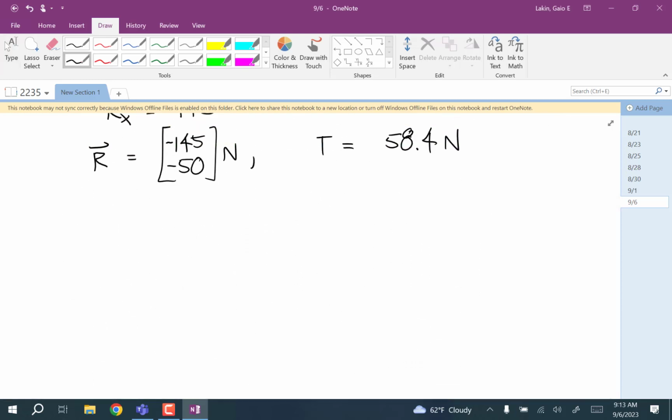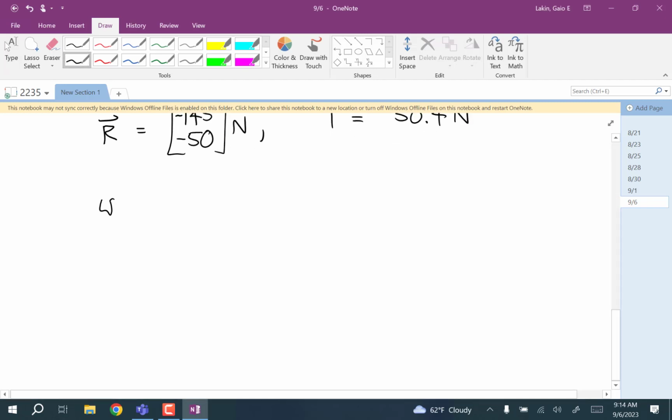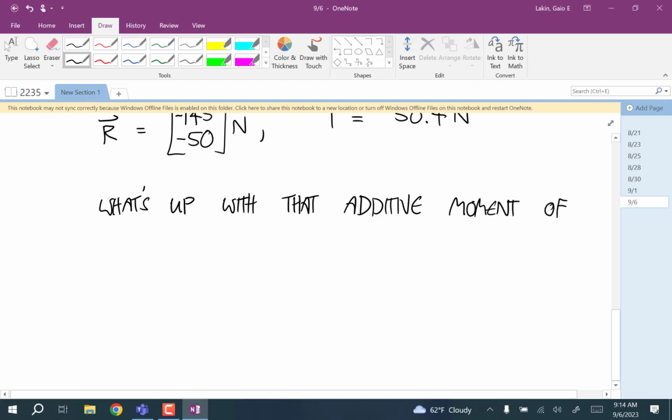Okay, so what's up with that pure couple that we just added on? Is that like a physical thing? What's up with that additive moment of 60 Newton meters?